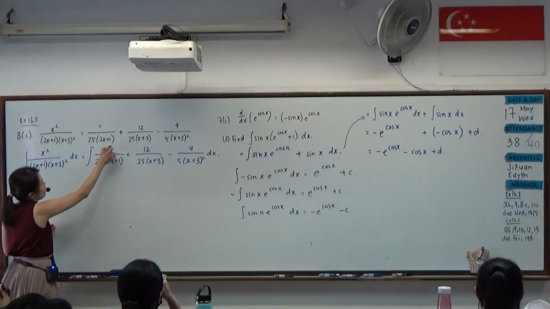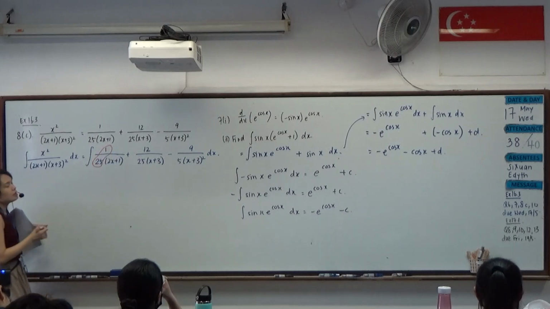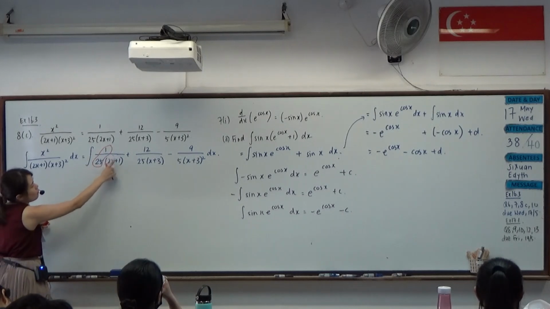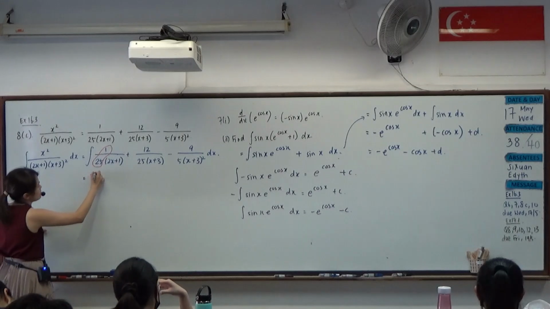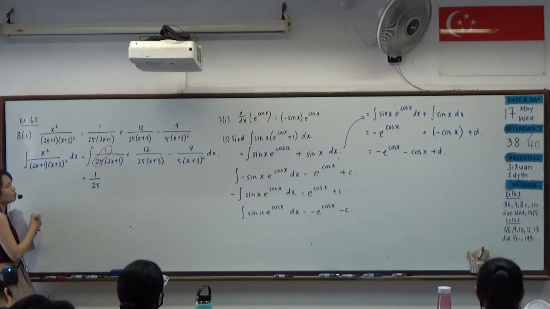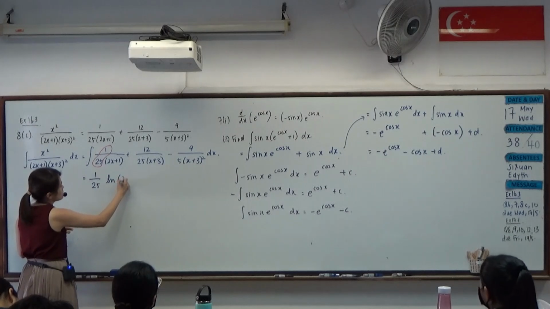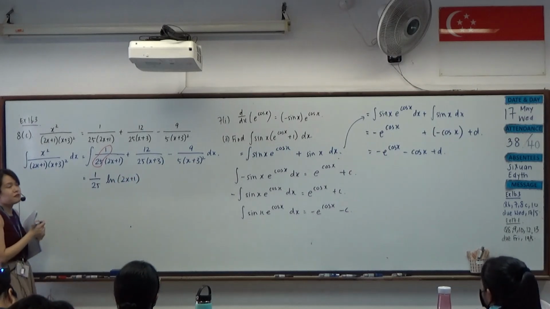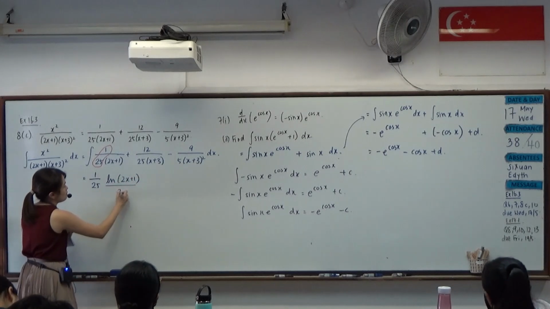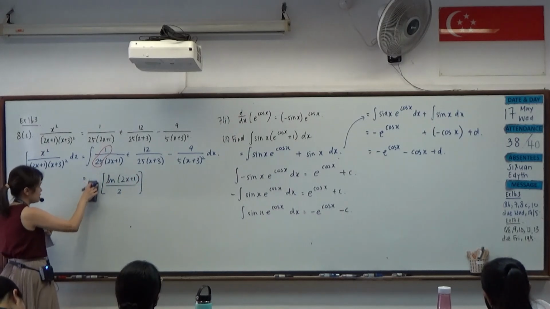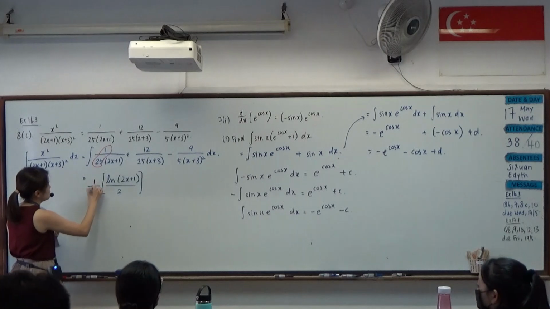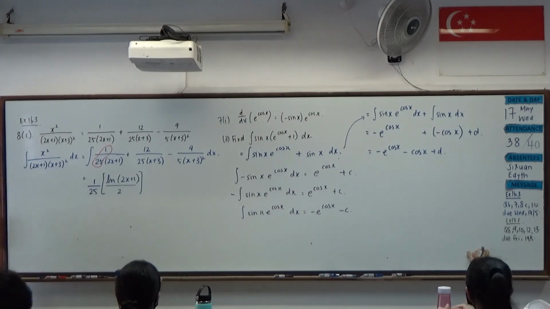We recognize that 1 over 25 is a constant, so we are actually integrating 1 over 2x plus 1, which actually gives us a ln. So I bring out the 1 over 25, ln 2x plus 1, not forgetting to divide by the coefficient of 2. Okay, so that is the very first partial fraction.